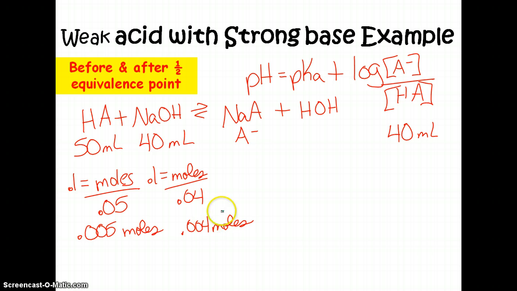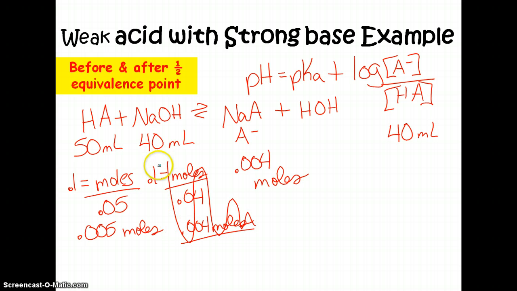My limiting reactant is this, so that's going to limit how much of the conjugate base I made. So I made 0.004 of the conjugate base. I used all of the base that was added, and then I only had 0.001 moles of the acid left.